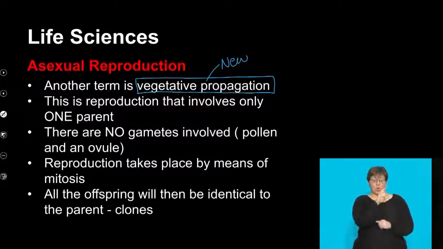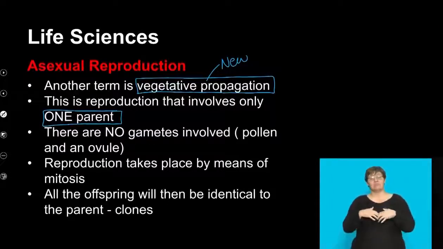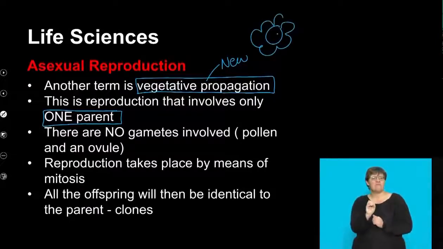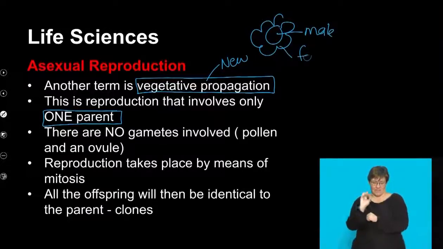So when we're looking at asexual reproduction, these are the most important things. Number one, there is only one parent. Now, the lesson that we are going to look at later in the series involves the whole structure of a flower. And when we get to a flower, I'm going to quickly draw one. If we look at a flower over here, what a flower has is male and female structures.